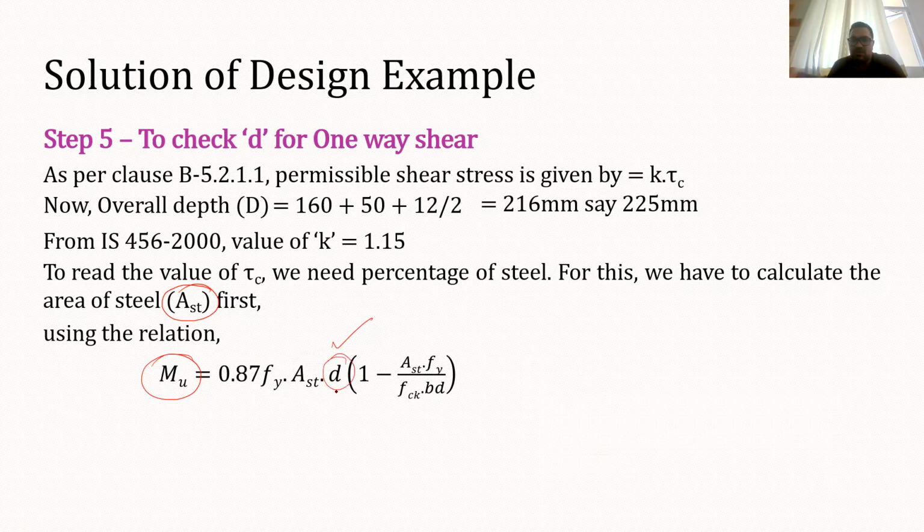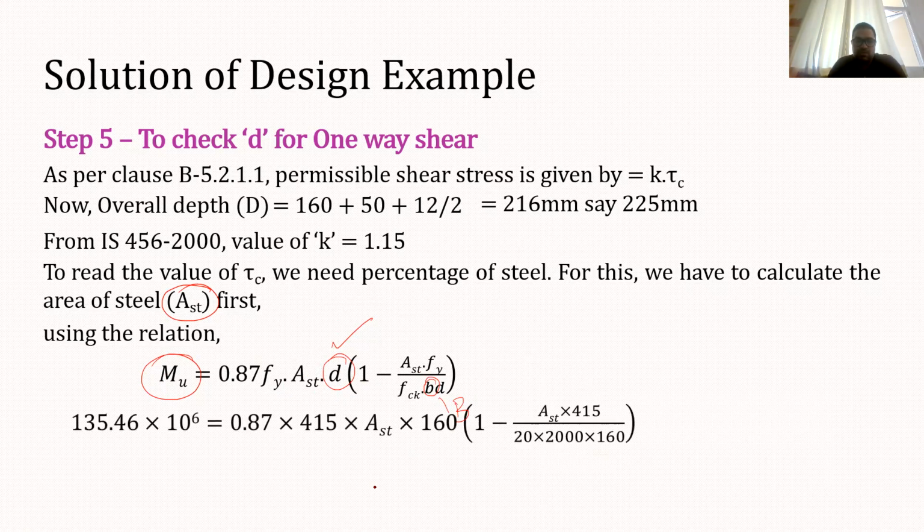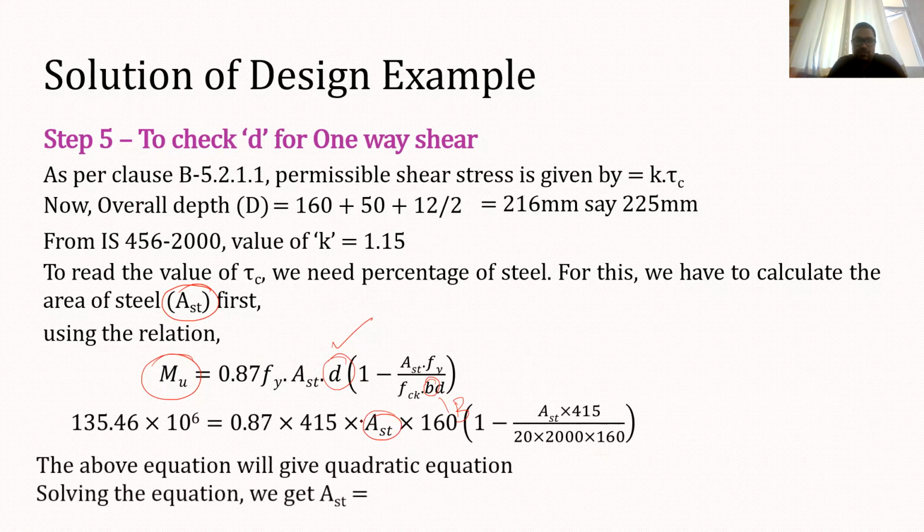D will be the effective depth we have calculated as 160 mm, and here the B value will be the width of foundation. So this will actually be capital B. So putting all the values in this, the only unknown value is AST. So this equation will give us a quadratic equation, and ultimately the value of AST is calculated as 2853.85 mm square.